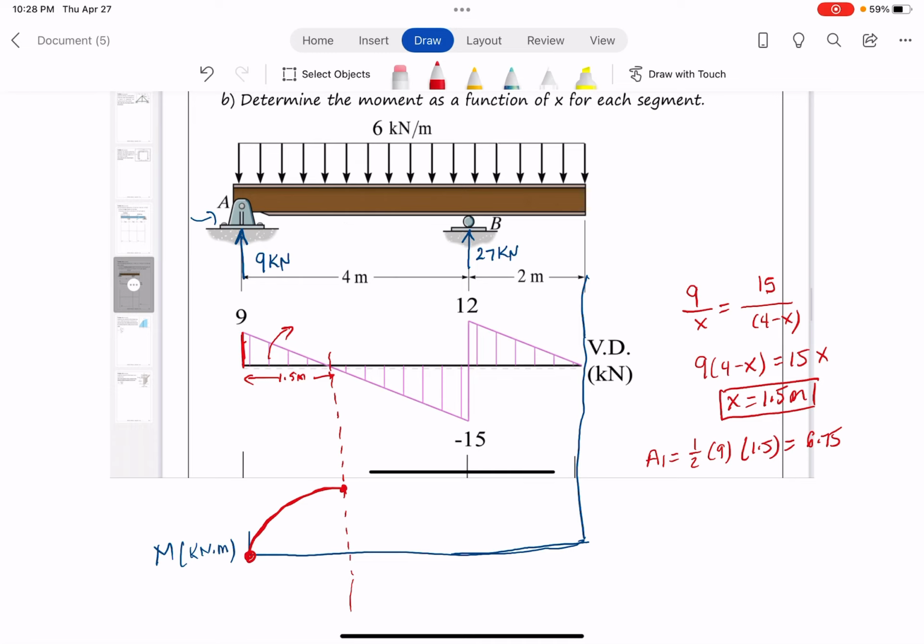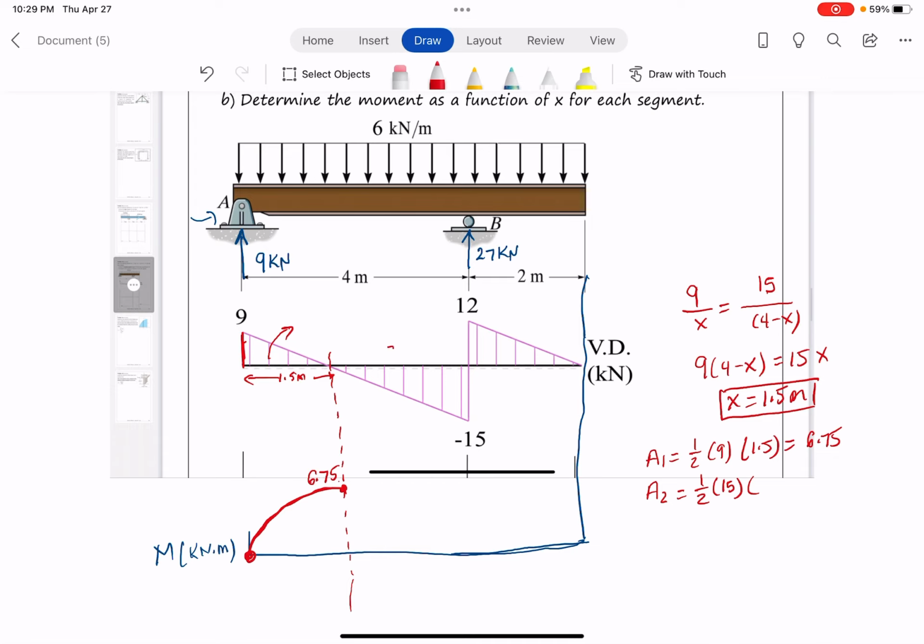This is 6.75. Let's find the other moment. The second area is 1/2 times 15 times (4 minus 1.5).